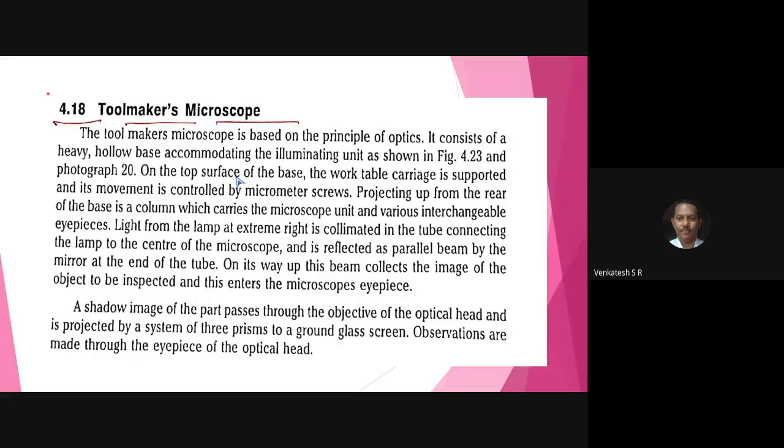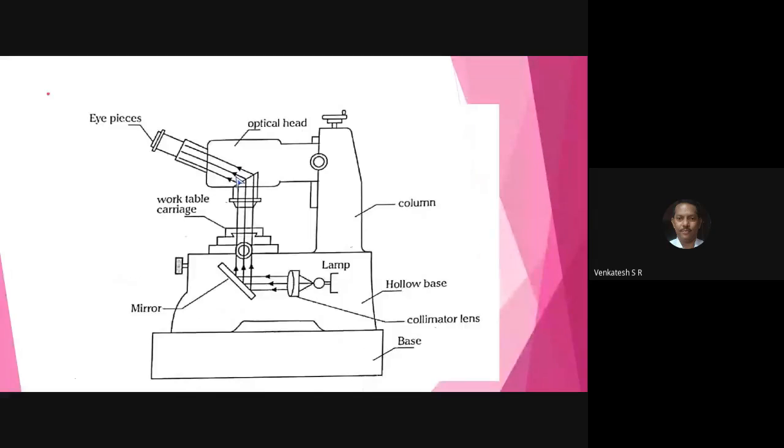So in our metrology laboratory, we have a tool maker's microscope as well as a profile projector. We can conduct the experiment using the tool maker's microscope as well as the profile projector for measurement of major diameter, minor diameter, pitch, angle of the thread, addendum, dedendum. Like this, you can measure the elements of the thread by using the tool maker's microscope and profile projector.